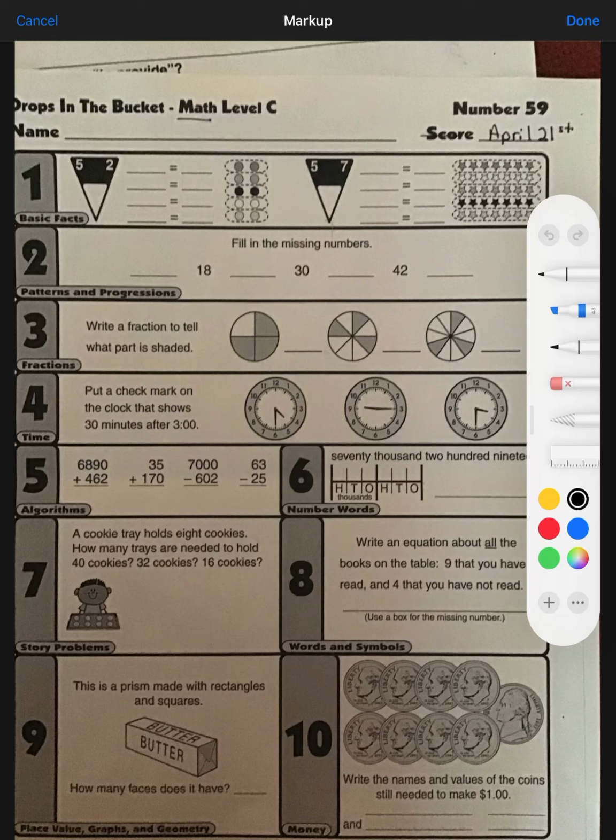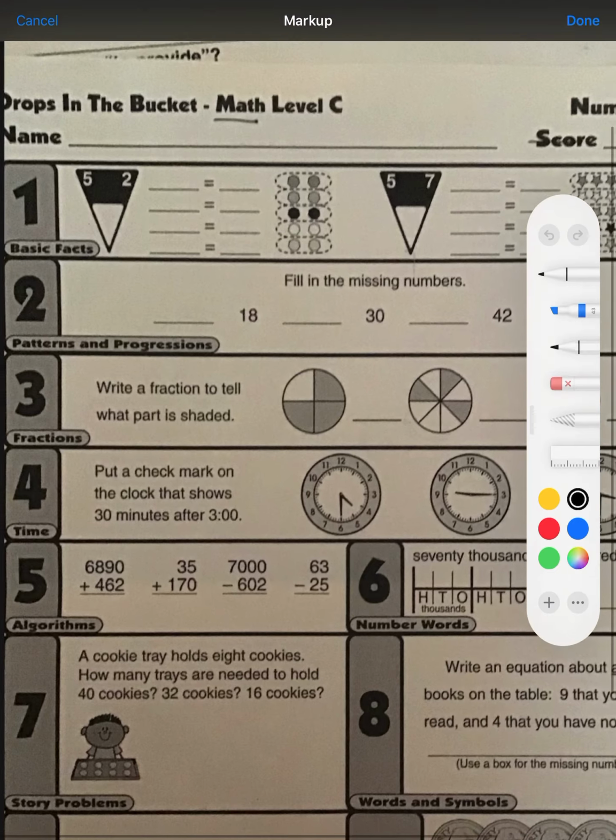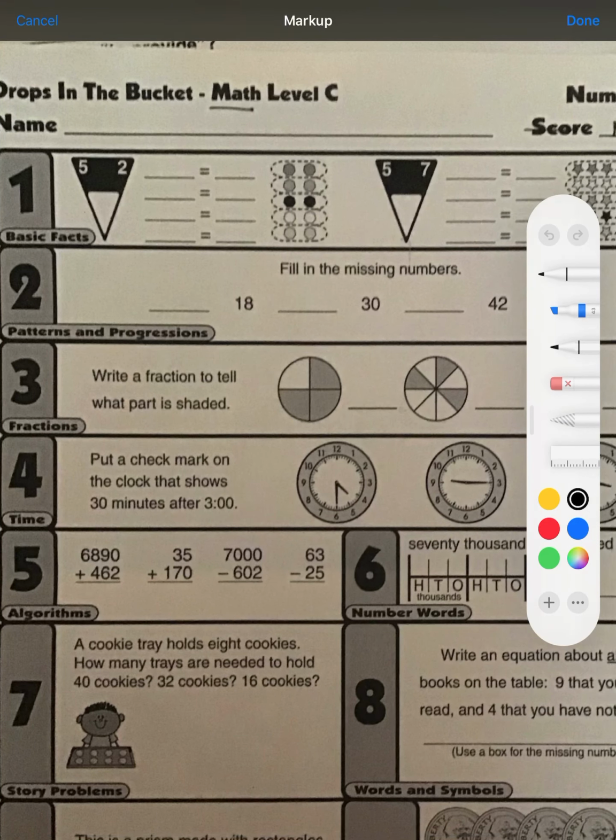So the first one is basic facts. At first I was like, I don't know anything about what's going on over here, but then I started thinking we've got to have four different equations, so we're looking for a fact family. So I know 5 times 2 is 10. So 5 times 2 equals 10.